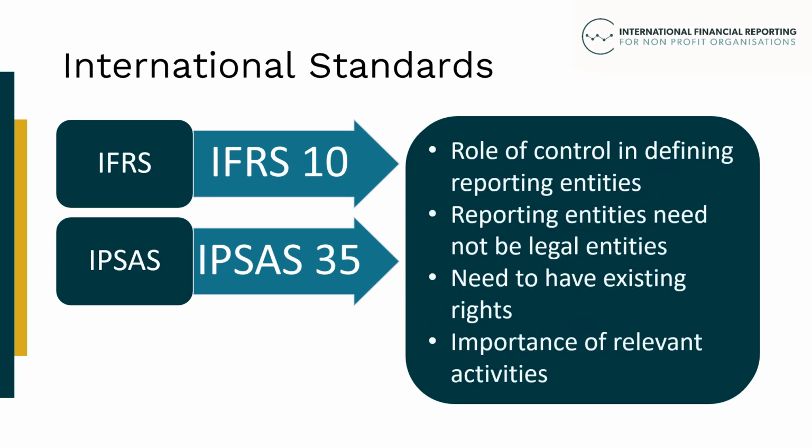Both definitions recognize that a reporting entity can be more than one organization, and that a reporting entity can be a parent of a group. They both confirm that reporting entities need not be legal entities.